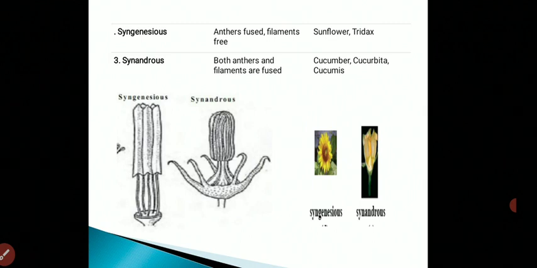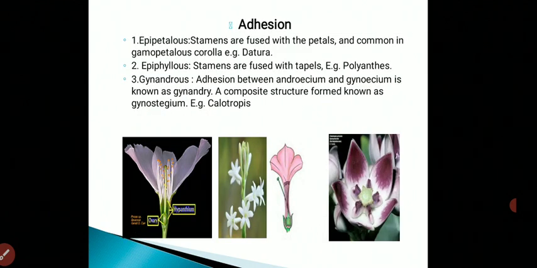Now let's discuss the adhesion phenomenon in the Androecium. Adhesion is a fusion between the members of two different whorls of the flower. Stamens may be fused with either sepals, petals, tepals or carpels.